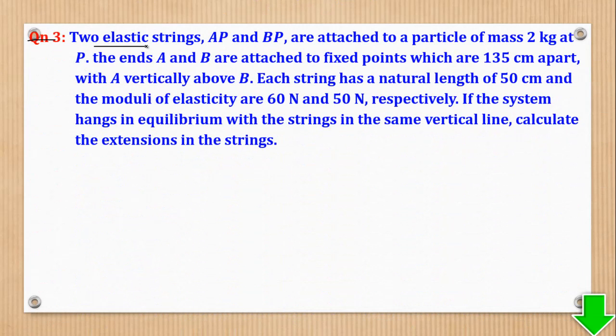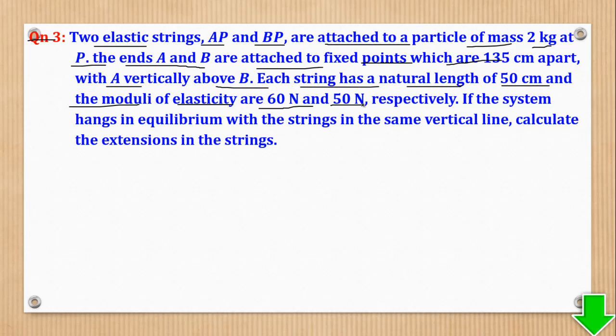Question 3. Two elastic strings, AP and BP, are attached to a particle of mass 2 kilograms at P. The ends A and B are attached to fixed points, which are 135 centimeters apart, with A vertically above B. Each string has a natural length of 50 centimeters, and the moduli of elasticity are this and this, for AP and BP respectively.